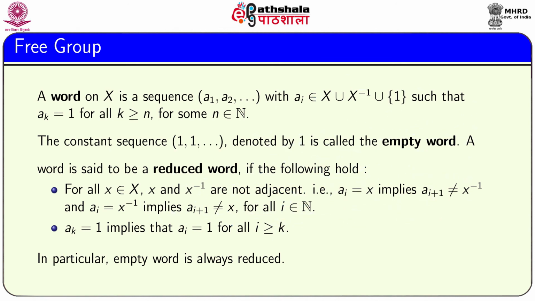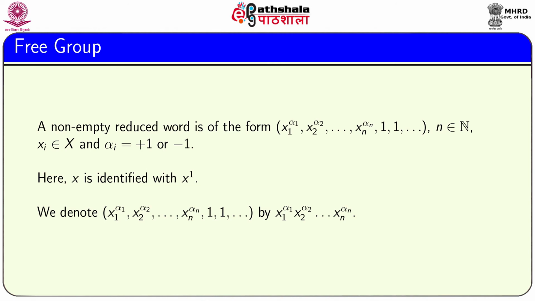So, in particular, the empty word is always a reduced word, and any non-empty reduced word is of the form x1 to the power alpha 1, x2 to the power alpha 2, etc. up to xn to the power alpha n, followed by 1, 1, etc.